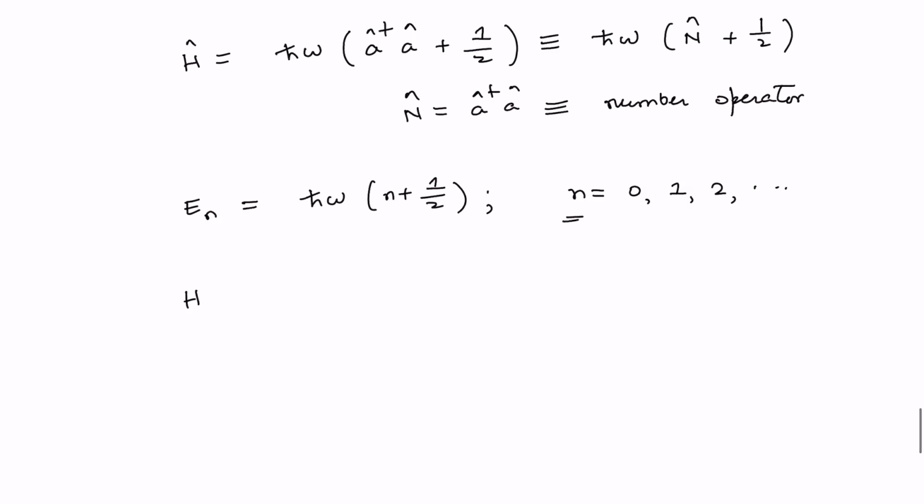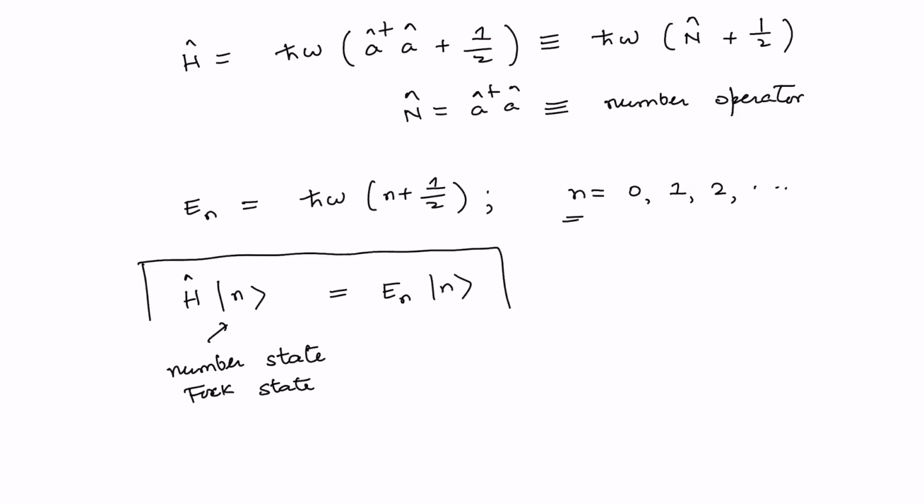Also, note that when the Hamiltonian operator operates on the state n, which is called the number state, or the Fock state, this state simply represents that there are n quanta in the state, and En is the energy eigenvalue. So this is the energy eigenvalue equation for the quantum harmonic oscillator.